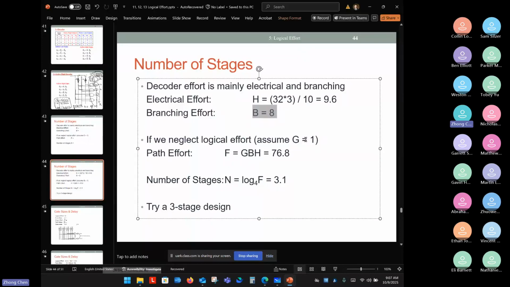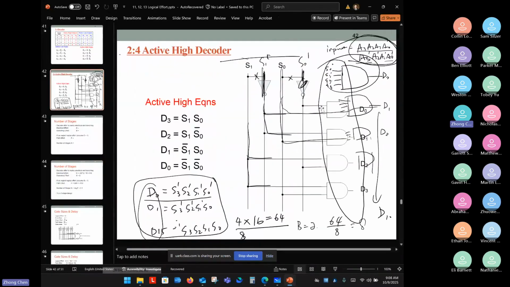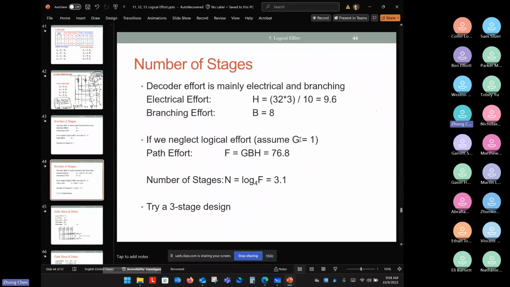Let's assume the logical effort is equal to 1, because you can use different gates to build this function. For example, here I use an AND gate, but I can also use a NAND gate plus an inverter, or a NOR gate plus another gate. The logic function can be implemented with different types of gates, and every time I change the gates, the G value will change.